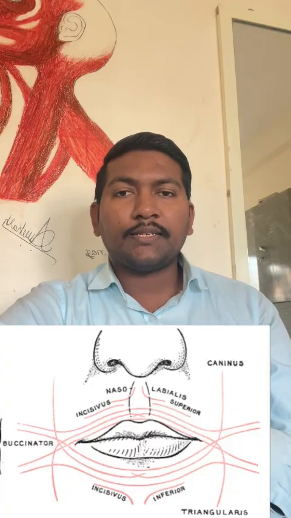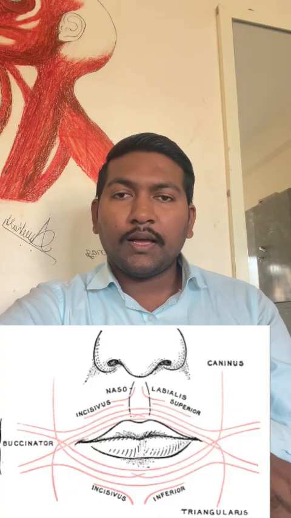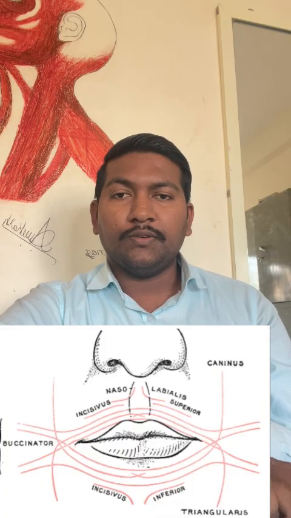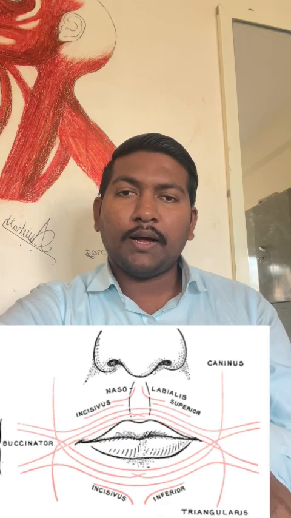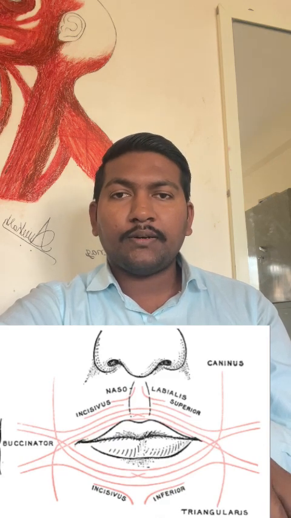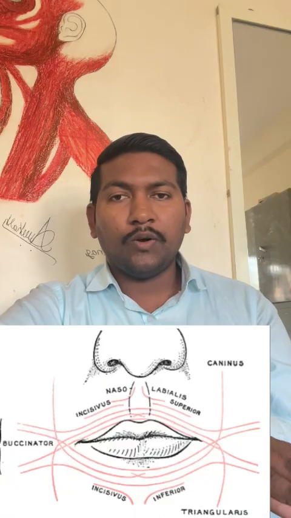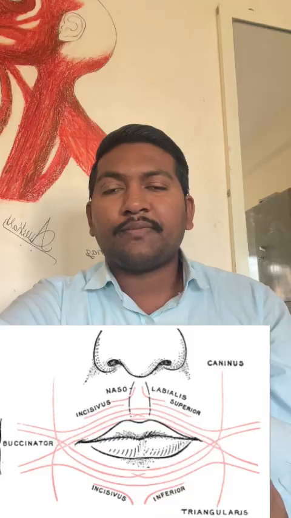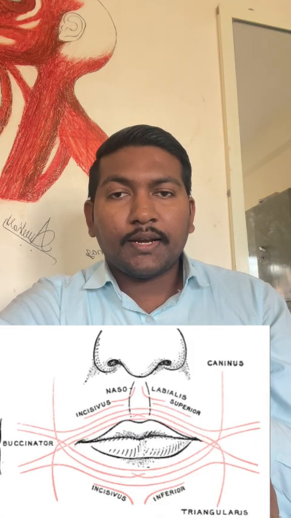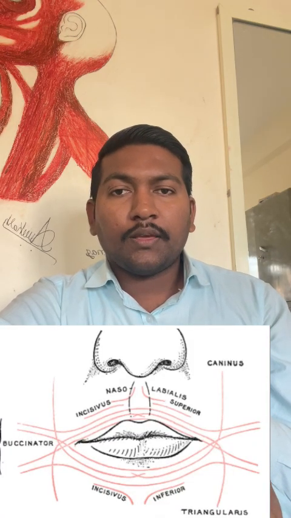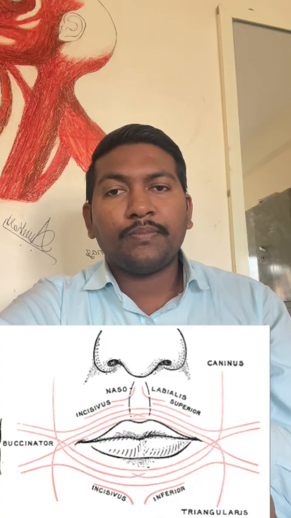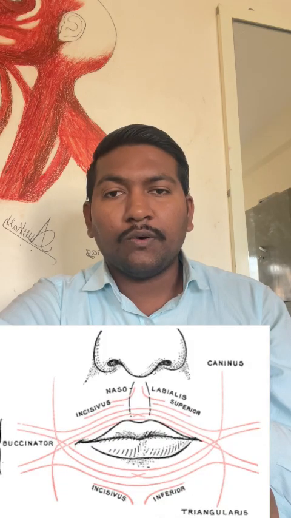We can see in this diagram the uppermost fibers and the central fibers of the upper part. And now coming to the lower part, there is also a central part of the fibers and the lowermost fibers. The key point to remember is that the central fibers of the buccinator muscle intersect each other and join the opposite side of the orbicularis oris muscle.